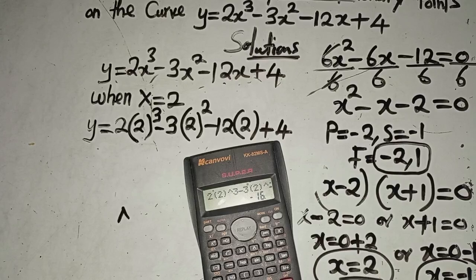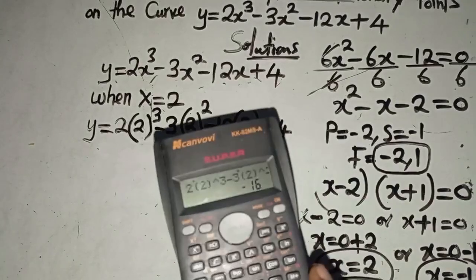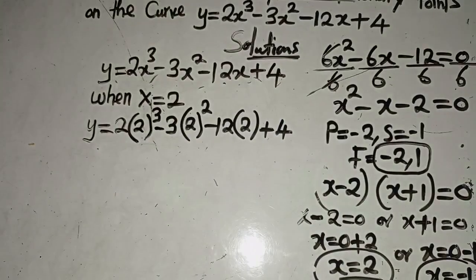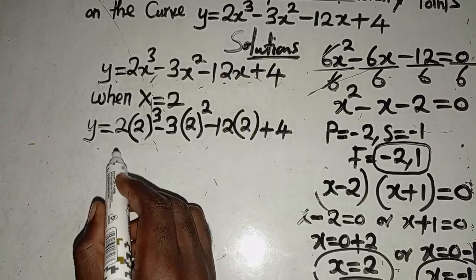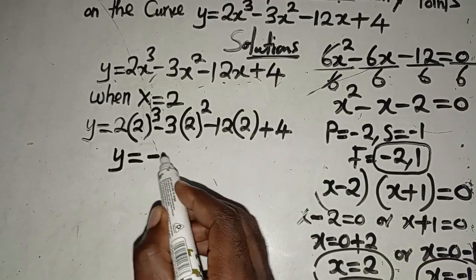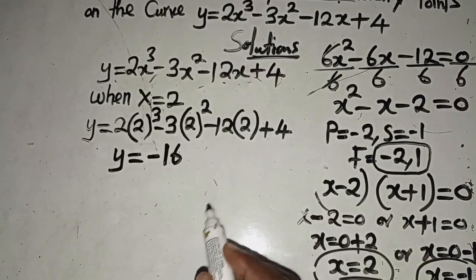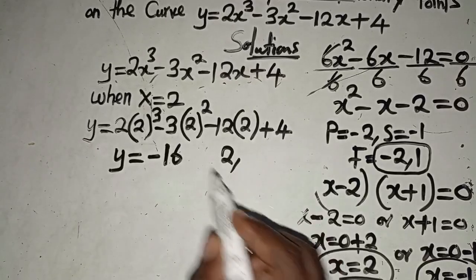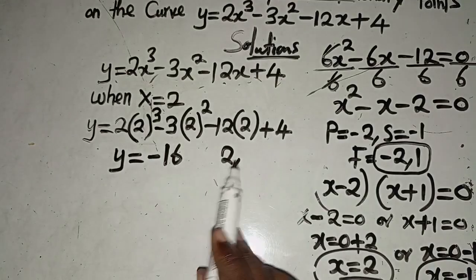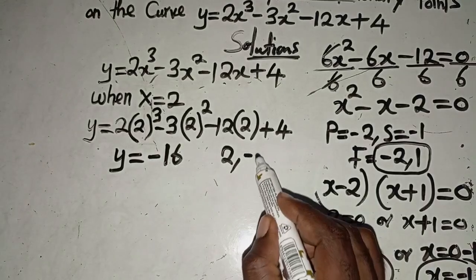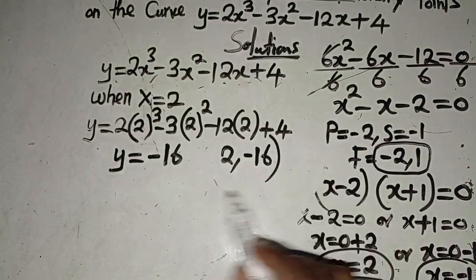What answer am I getting? I'm getting negative 16. This is the answer I'm getting myself, so you can confirm with me. So y is equal to negative 16. What is the coordinate? (2, -16). So these are the coordinates of the point.